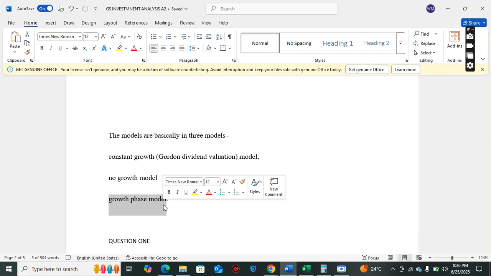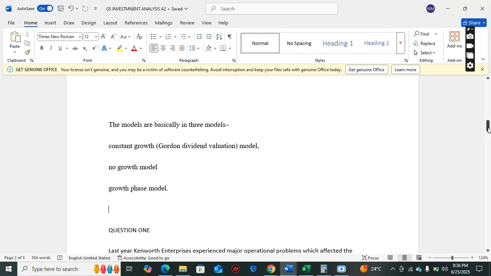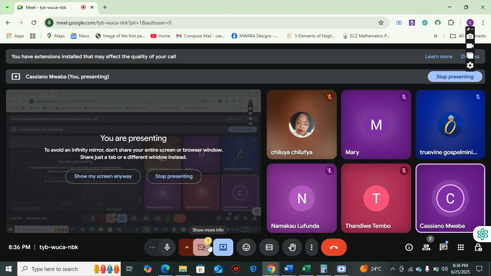But at a certain point, the growth rate has to remain the same forever. Because remember, these dividend payments, we don't have an end date. You might as well pay the dividends forever, or as long as the company is there, the dividends will still be paid out.